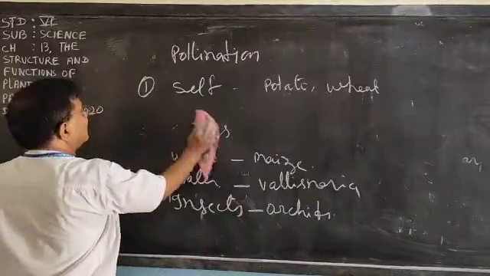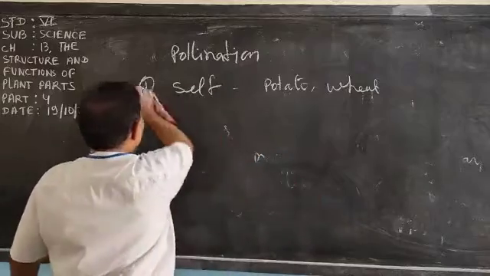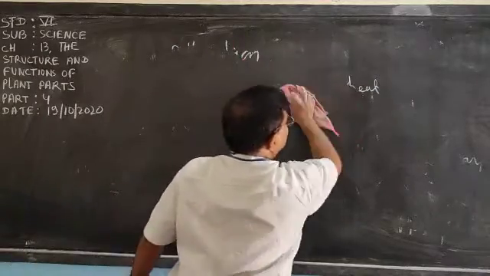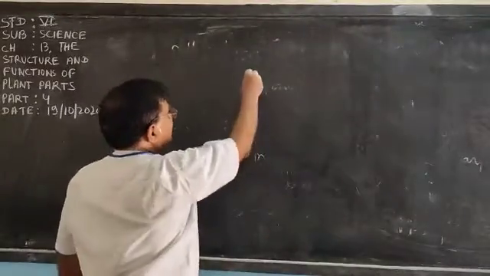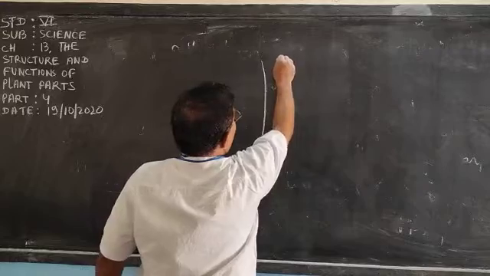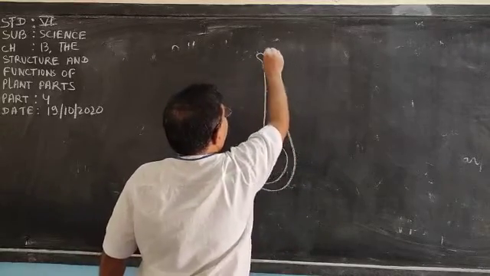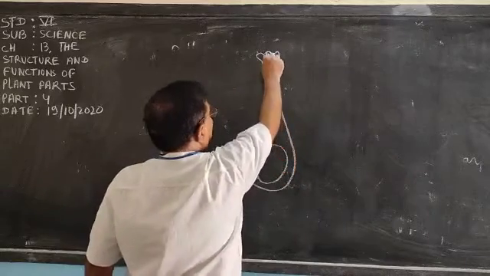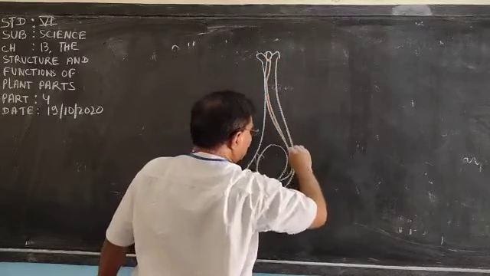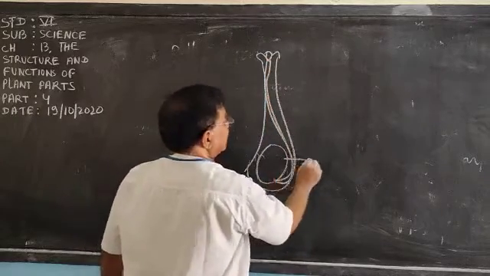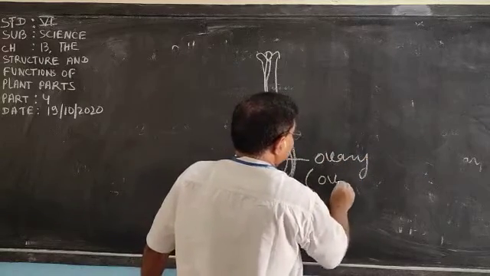We have a story about pollination, self-pollination and cross-pollination. Now, after pollination, what happens? After pollination, see here. The pollen grain will fall here and a pollen tube will develop, and this pollen tube will lead to the ovary.